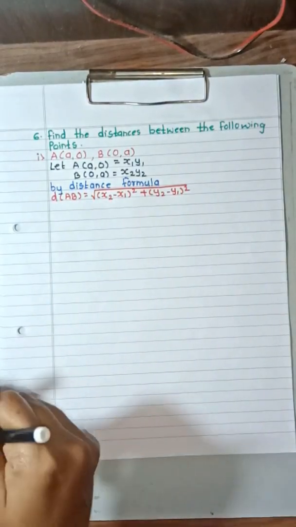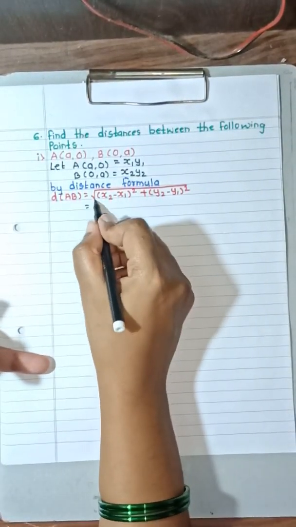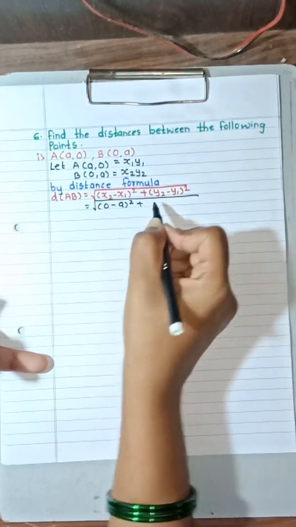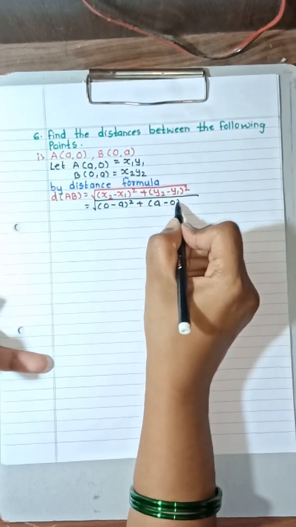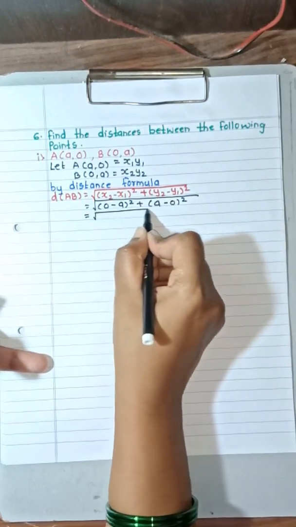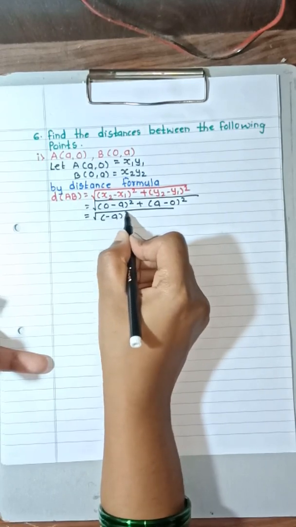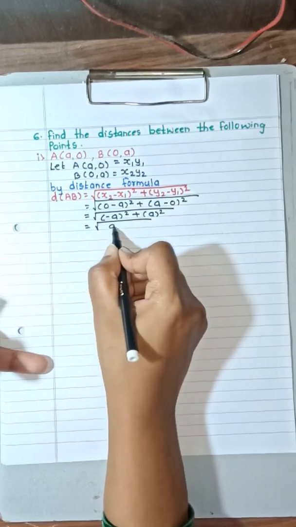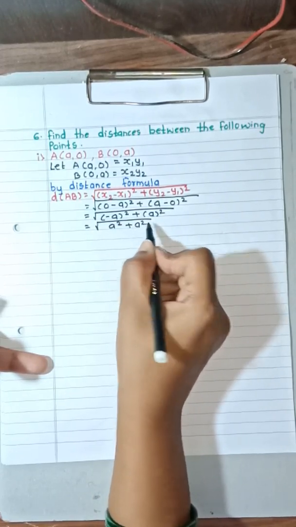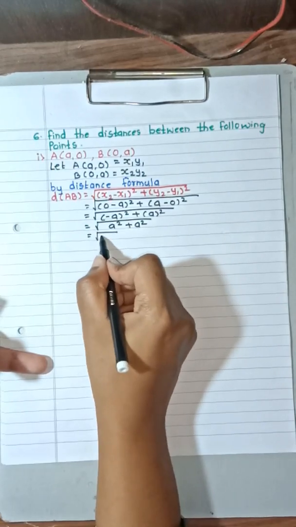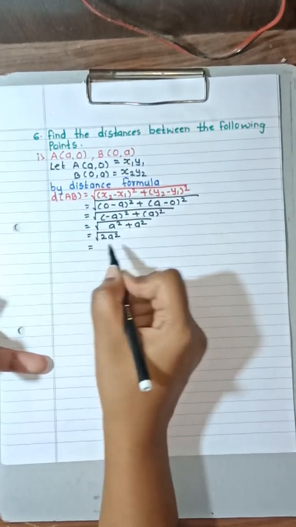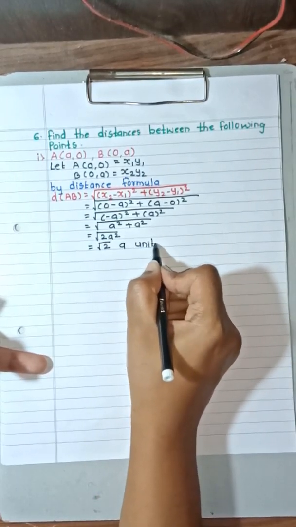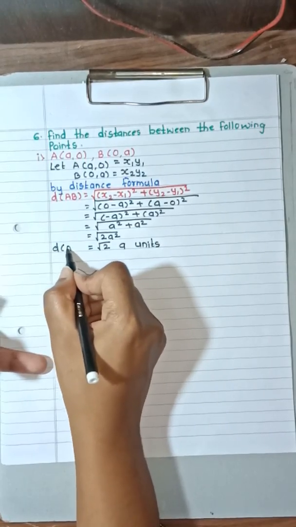Now we'll put the values over here, that is equal to under root of (0 minus a) whole square plus (a minus 0) whole square. Now this will be equal to under root of (minus a) whole square plus (a) whole square, that is a square plus a square, that will be equal to under root of 2a square. So that will be root 2 a units. This is your distance AB.